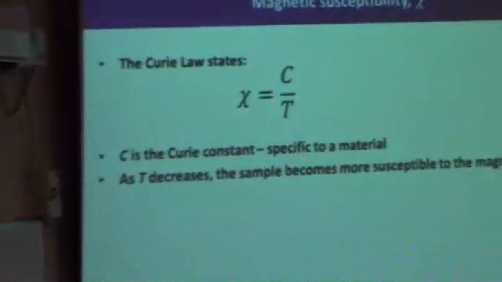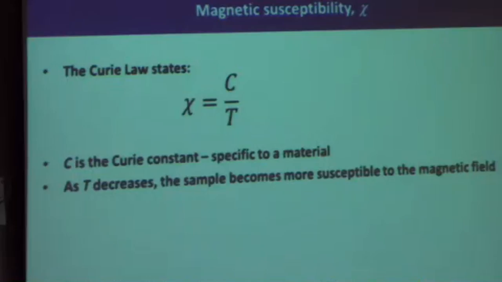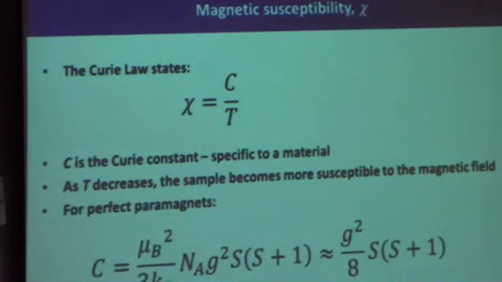The Curie law, okay, which is connected to paramagnetism in its simple sense, tells you that you can relate susceptibility to temperature in an inverse fashion, and the constant of proportionality defines your material. Okay? So the chi parameter is inversely proportional to temperature, which kind of makes sense. Again, the sample should become more susceptible to a magnetic field as you lower the temperature. And to get a material characterized, you can determine C from the data. So, specific to a certain material, as temperature decreases, more susceptible to the magnetic field.